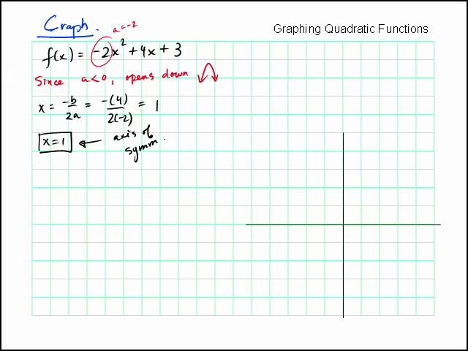To get the y part of the vertex, I take x equals 1 and plug it into my function here. So f of 1 will be negative 2 times 1 squared plus 4 times 1 plus 3. And if we simplify that correctly, we get negative 2 plus 4 is 2, plus 3, 5.